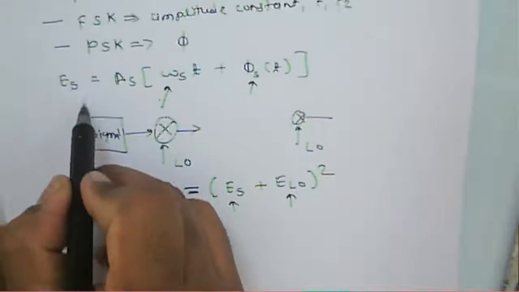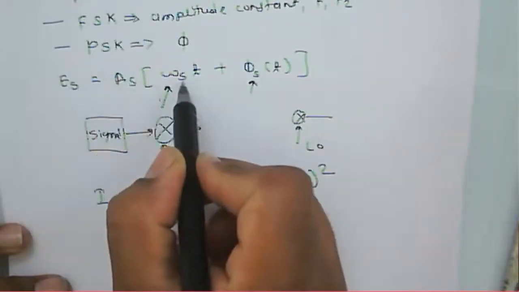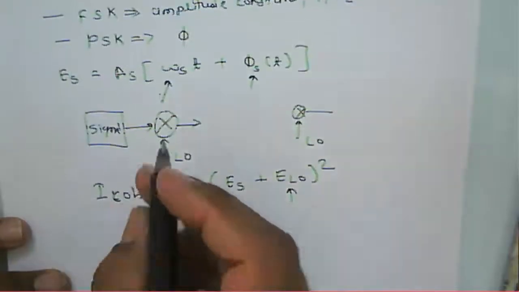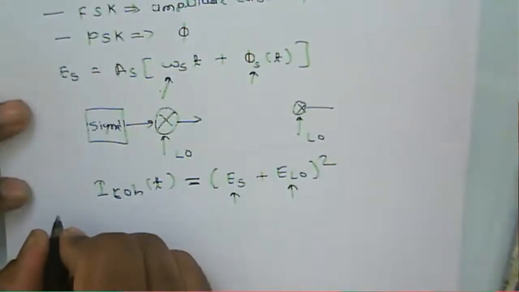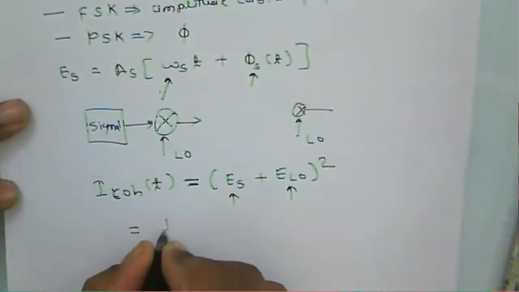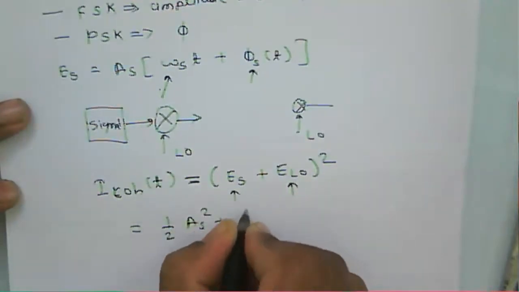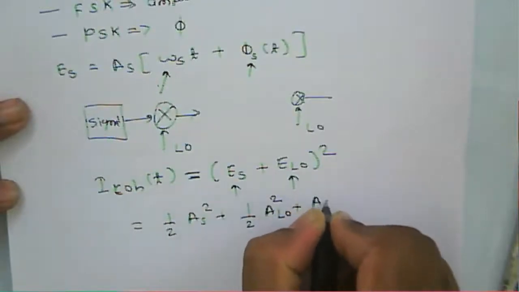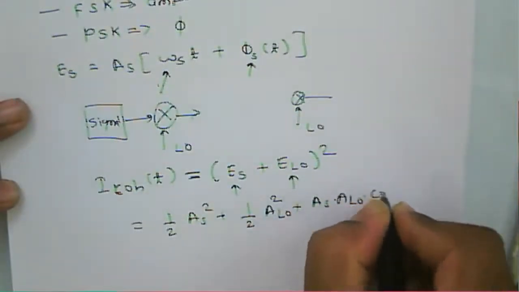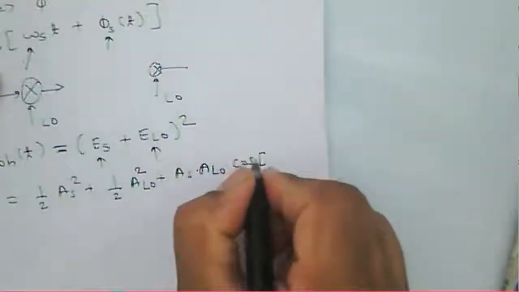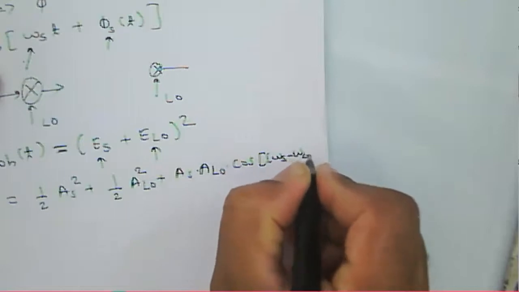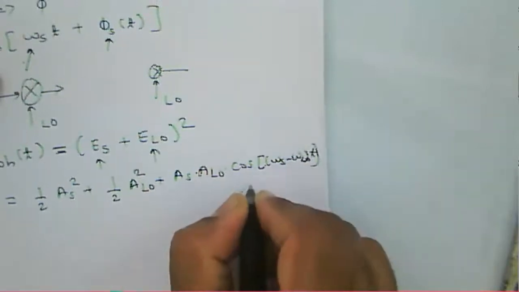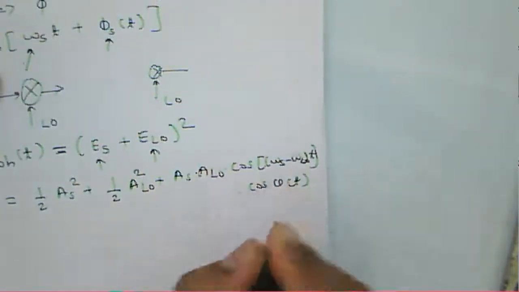So if you write E_LO here, A_LO, omega LO, likewise, we have this phase constant phi LO. So we'll get a current of 1 by 2 A squared, 1 by 2 amplitude of local oscillator squared, A_S A_LO cos of (omega S minus omega LO) t into cos of theta of t.